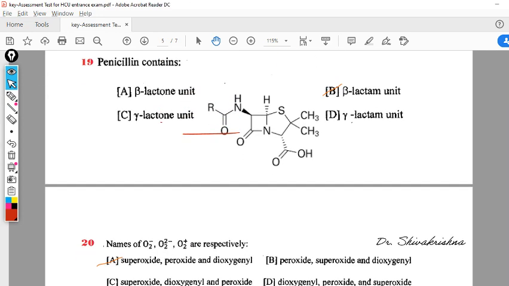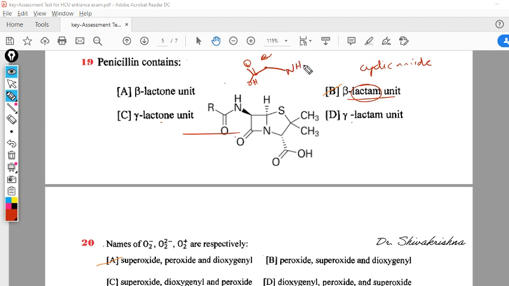penicillin. Penicillin is an antibiotic. It is going to have a beta lactam. What is meant by lactam? Cyclic amides are said to be lactams. If a cyclic amide is derived from a carboxylic acid, the carbon next to the carboxylic acid is said to be alpha.